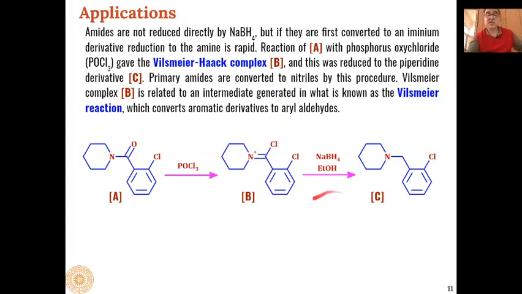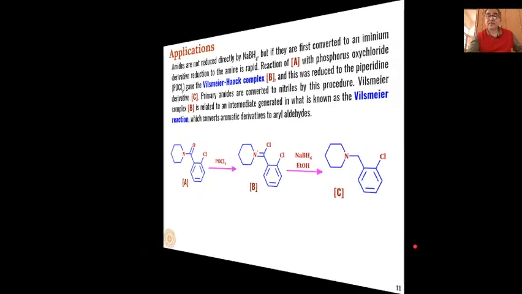So amides can be indirectly converted into amines through these reactions, but directly, amides are not reactive towards sodium borohydride.